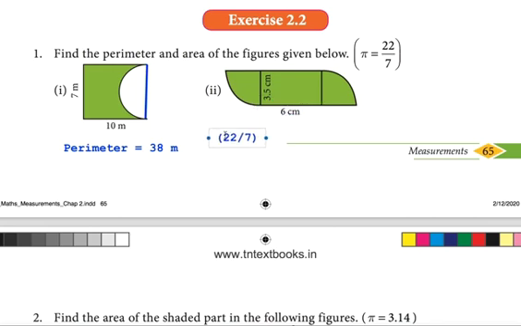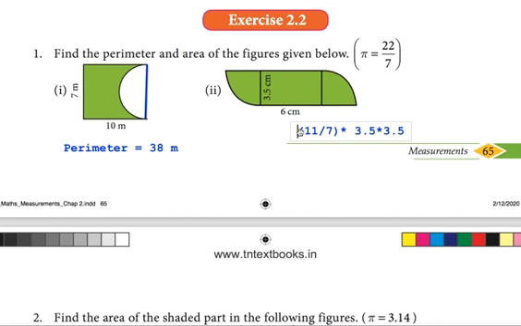So pi r square by 2, that means 11 by 7 into radius. 7 is the diameter, so radius is 3.5. So 3.5 square, 3.5 into 3.5.